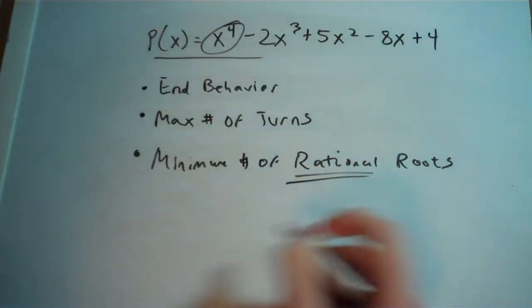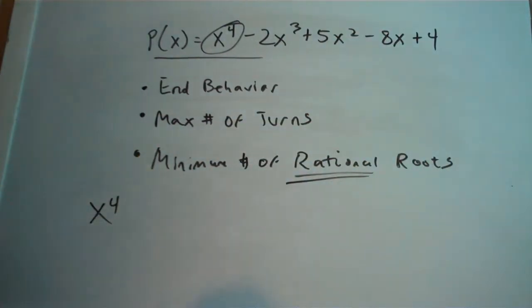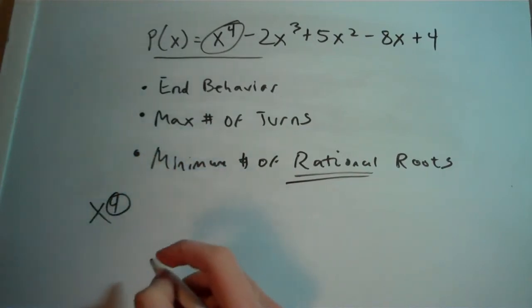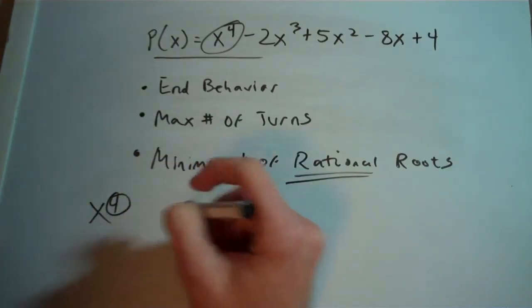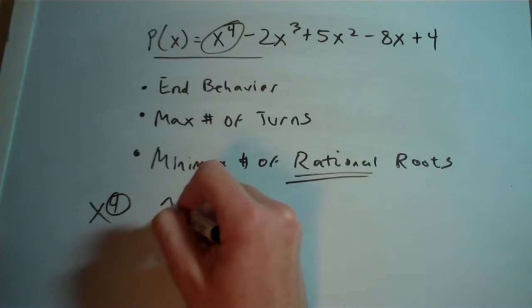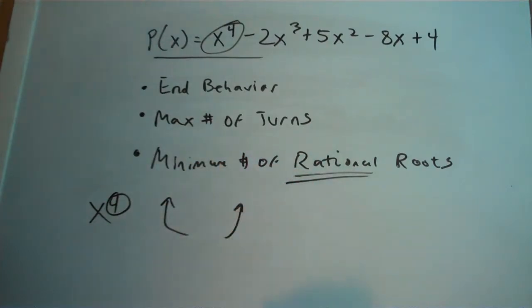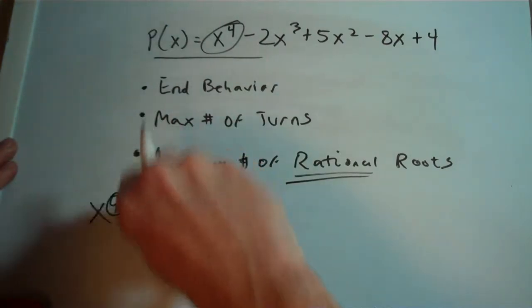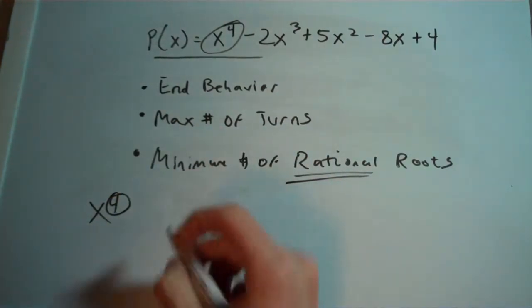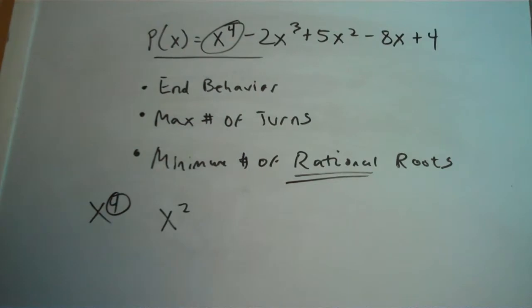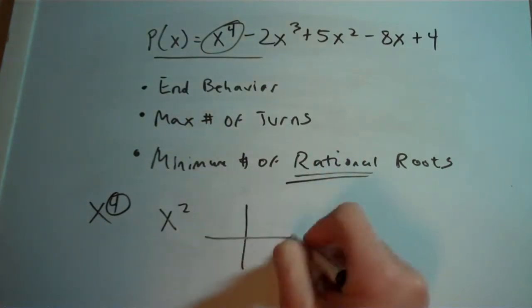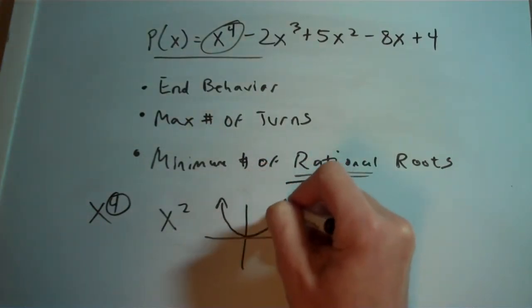So as far as end behavior, we can say, okay, x to the fourth. Is this even or is this odd? 4 is an even number, so therefore the end behavior is going to be going in the same y direction, but opposite x directions. You can also see this in an x squared equation, because it's going to be a parabola.